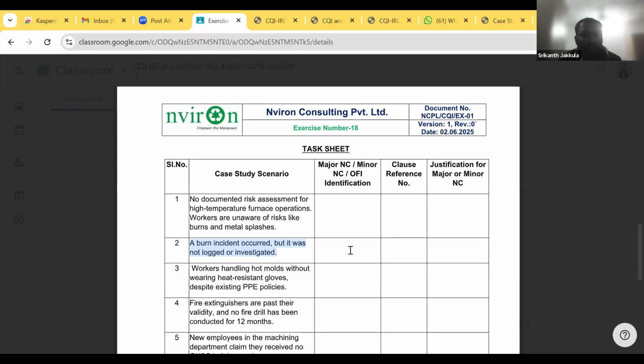So I think it is OFI, sir. As per my opinion, it is OFI, opportunities for improvement. Because there is no system available for recording the incidents. See, no system available for recording incident. Is it an acceptable practice in occupational health and safety?